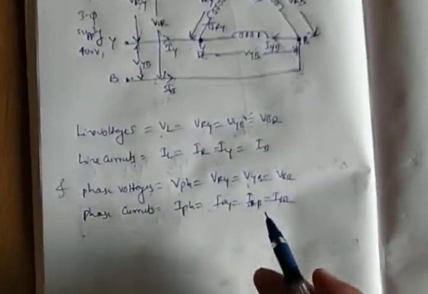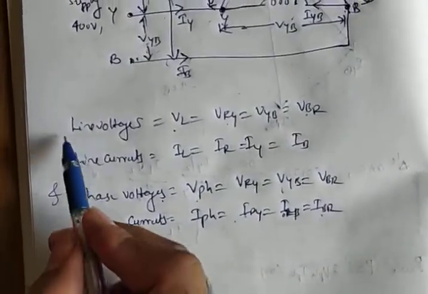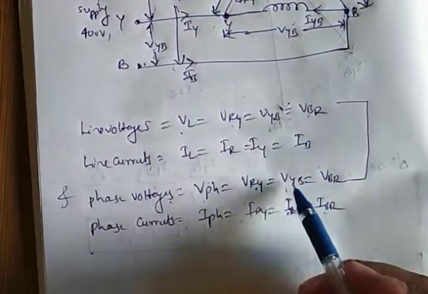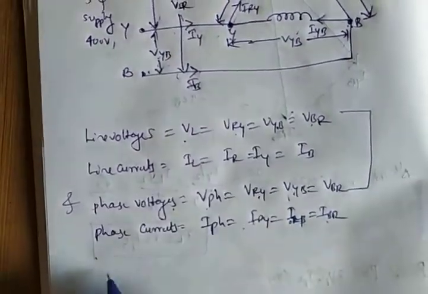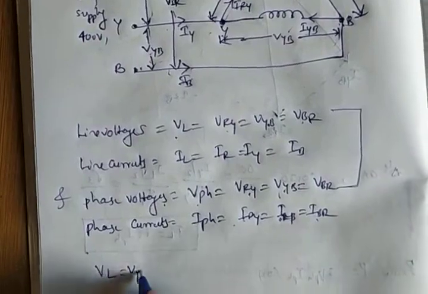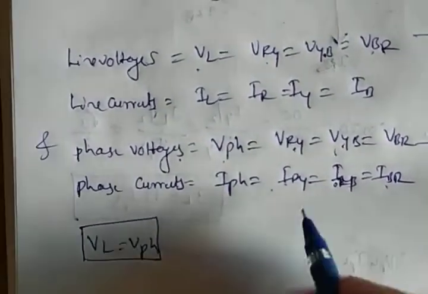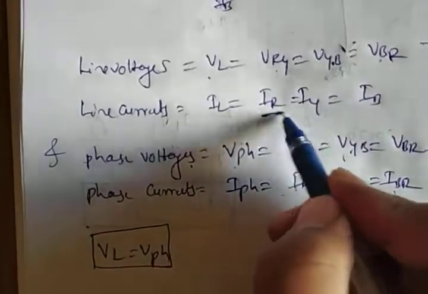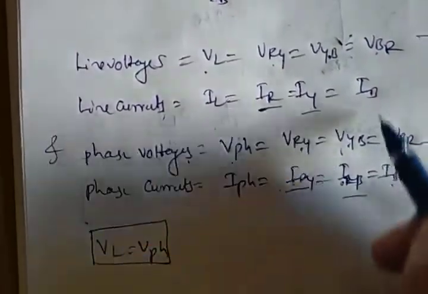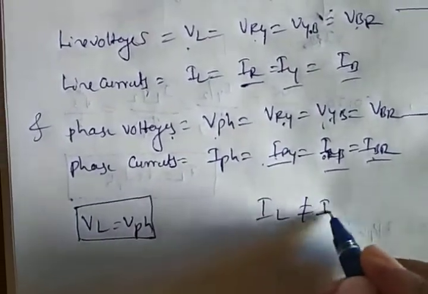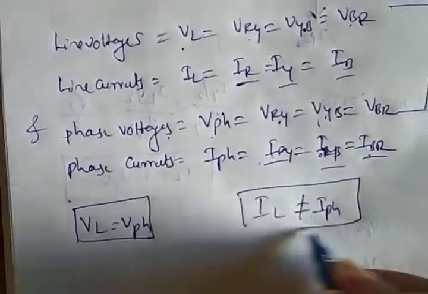By comparing line voltages and phase voltages, what do you get? VRY and VRY, VYB and VYB, VBR and VBR, same. So VL is equal to VPH in three-phase delta connection system. But comparing line currents, IR with IRY, IY with IYB, IB with IBR, the line currents are not equal to phase currents in delta connection system.